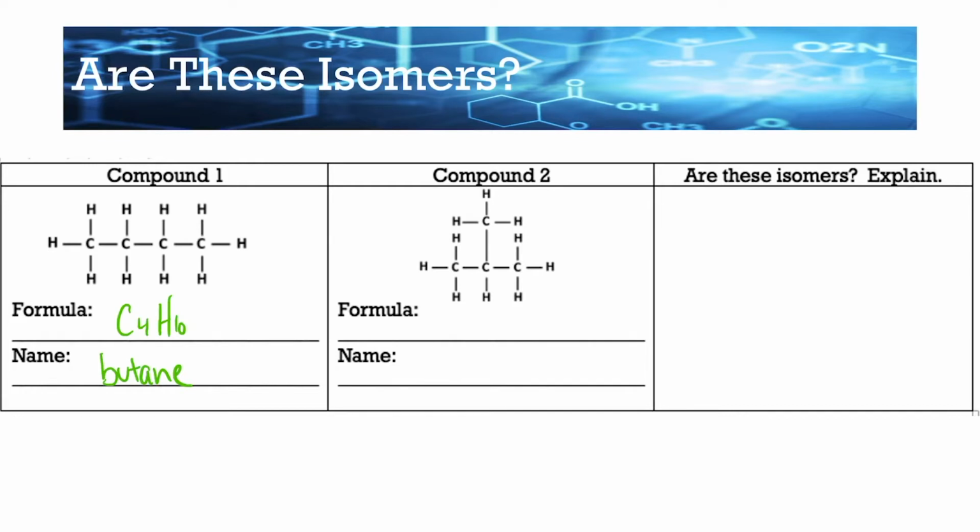Compound 2, on the other hand, if we count it up, we have C4H10. So we have the same formula, the same pieces, but the name of it, find our longest chain, that's 3. So that's prop. Single bonds is ane.